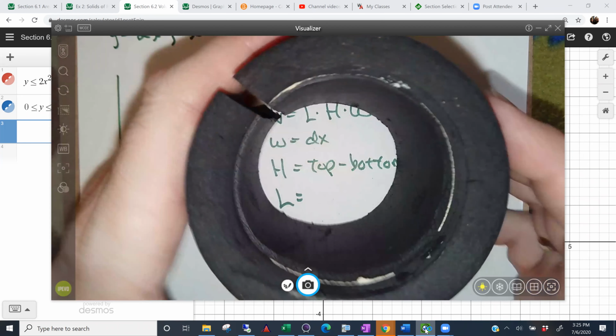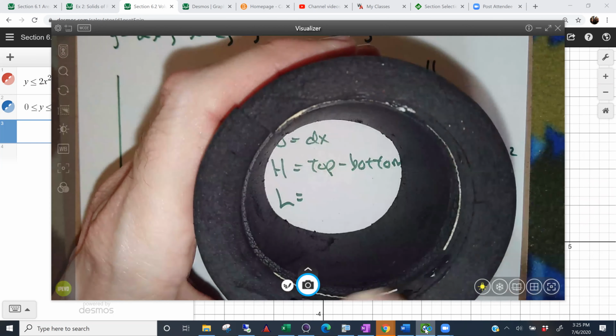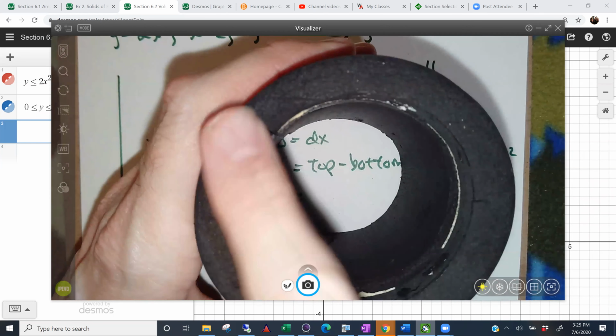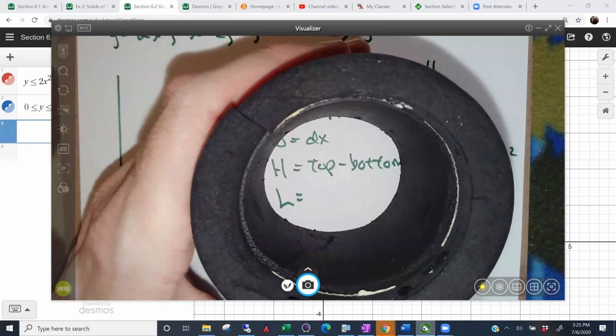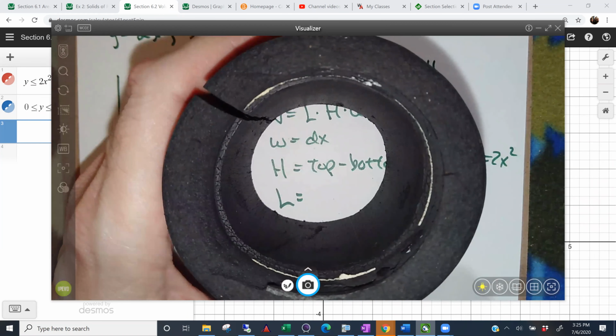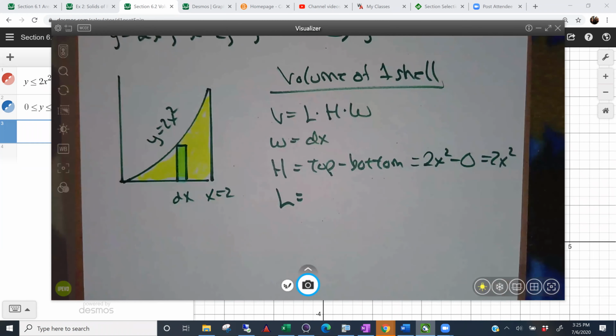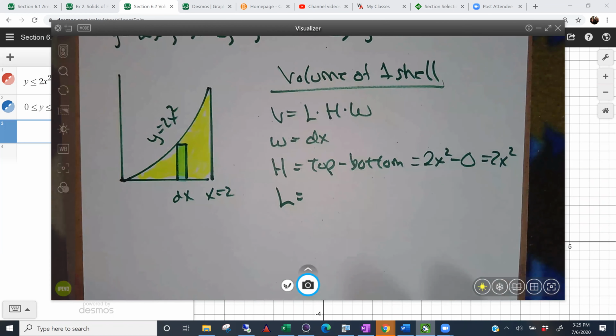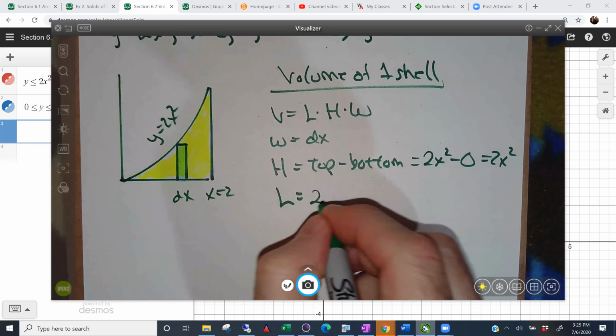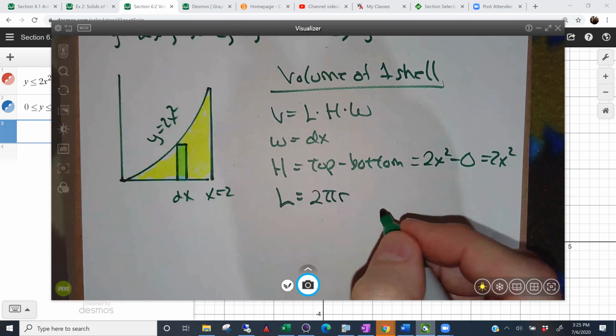Well, that's just the circumference of a circle. That's all that is. So how do you find the circumference of a circle? Any circle, not just this circle. 2 pi r. So 2 pi r.